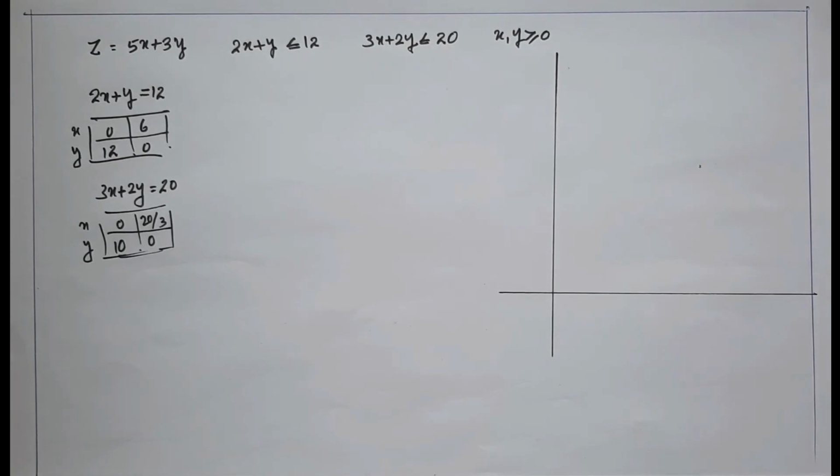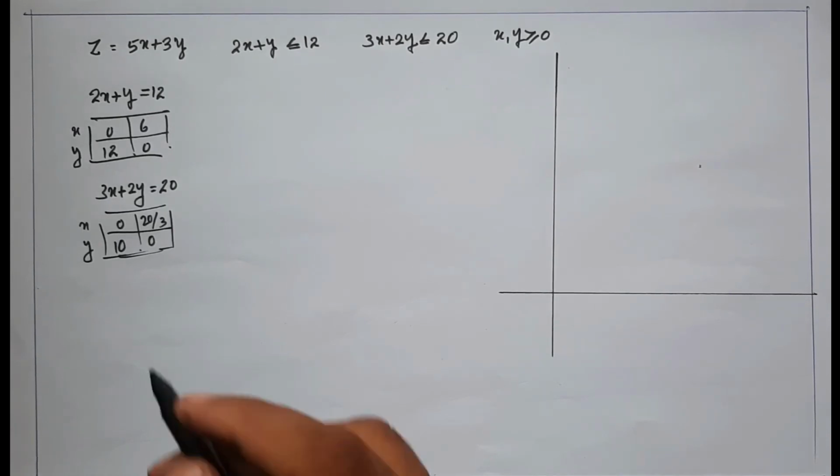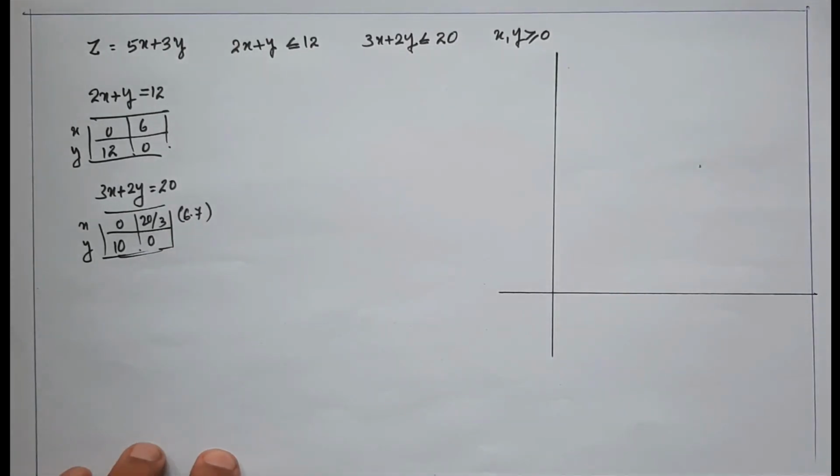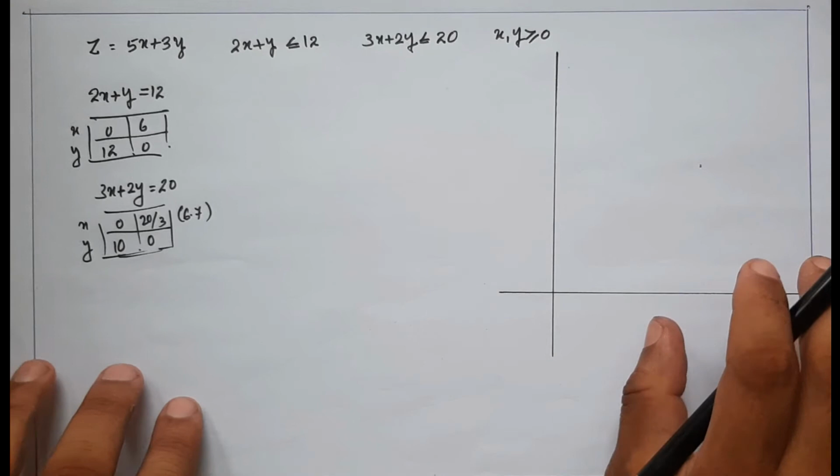What is 20 by 3? 20 divided by 3 is 6.6, around 6.7, so approximately equal to 6.7. Here the maximum value is 12.